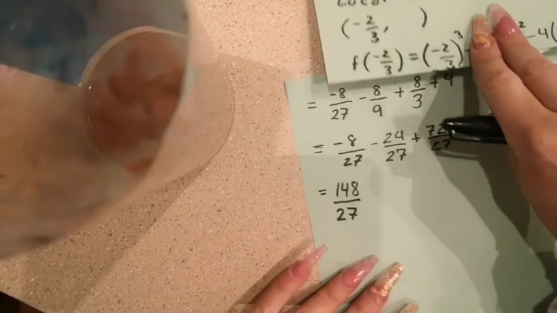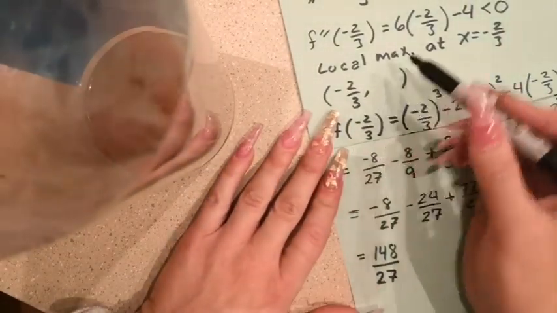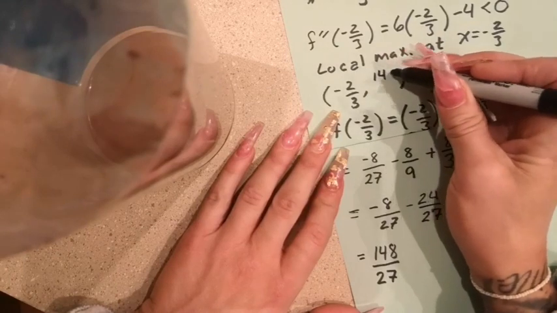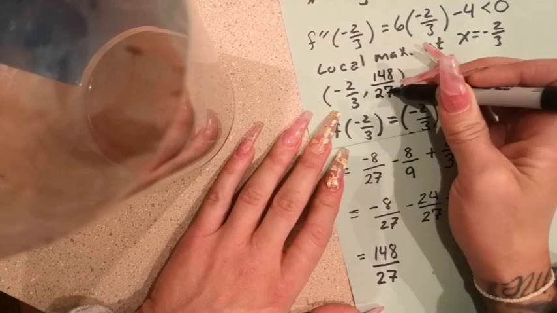So now we know the coordinates of the local max. That would be at negative 2/3 and then 148 over 27.